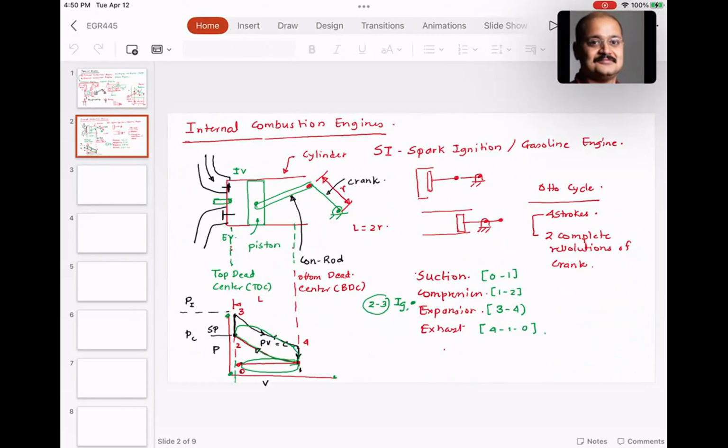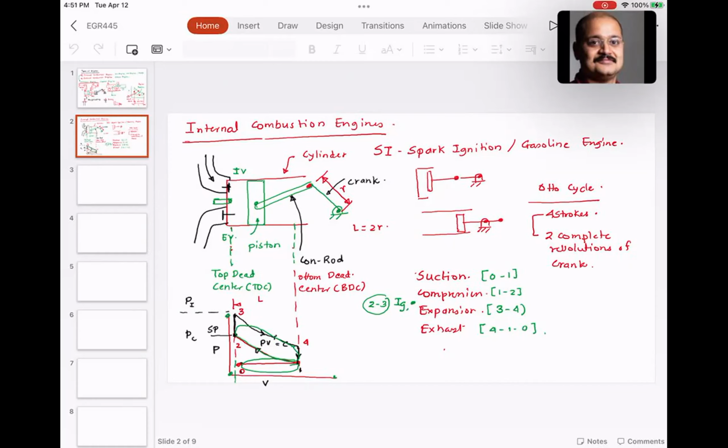In 2-stroke engine, 2 of these strokes are combined together. So for an example, a weed whacker engine is a 2-stroke engine. A 2-stroke engine could be a gasoline engine or could be a diesel engine.